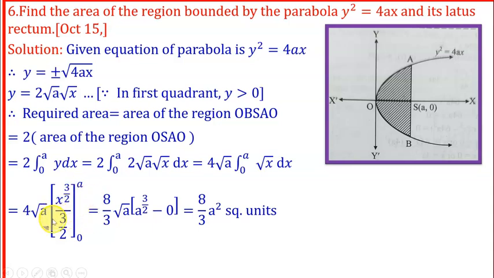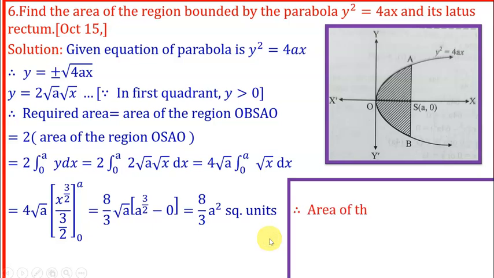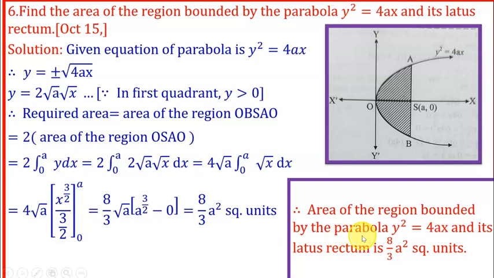After multiplying by the reciprocal, you will have 8 upon 3 into root a, and the upper limit for x is replaced by a, that is a raised to 3 by 2, with lower limit 0. After simplification, you will have 8 upon 3 root a into a raised to 3 by 2, which is a square, that is 8 upon 3 a square square units. This is the answer. Therefore, the area of the region bounded by the parabola y square equals 4ax and its latus rectum is 8 upon 3 a square square units.